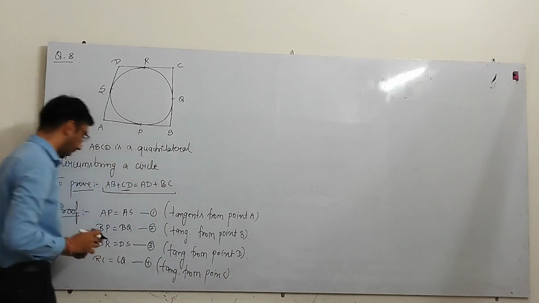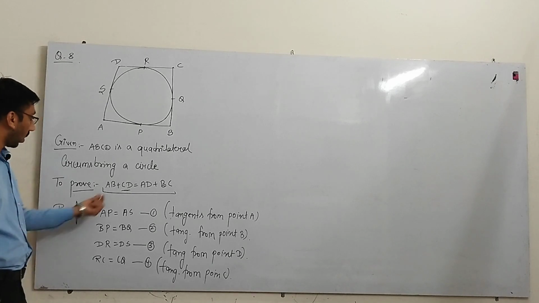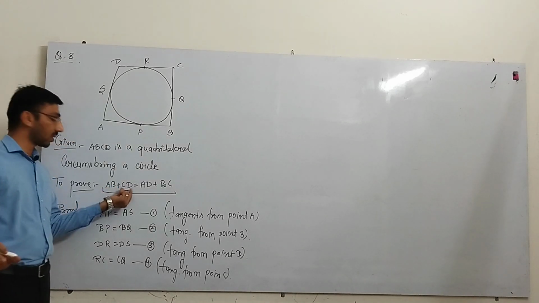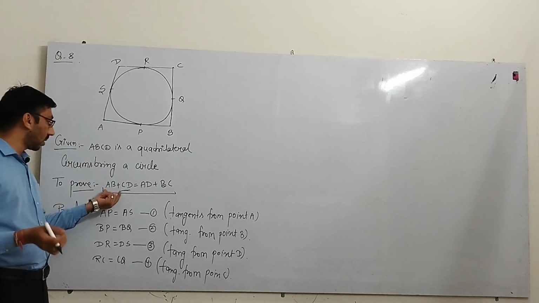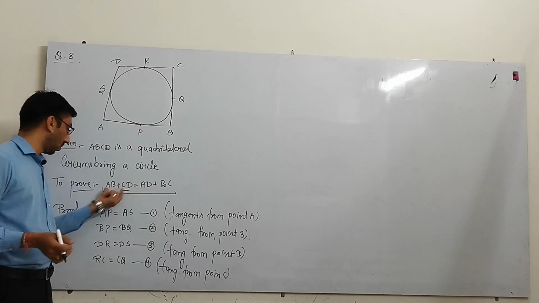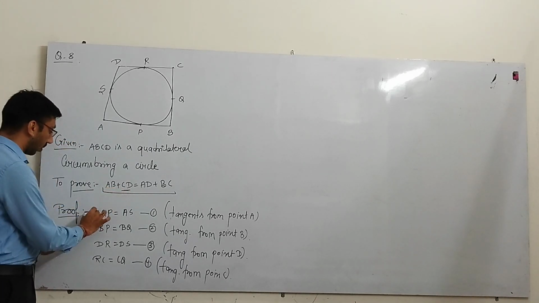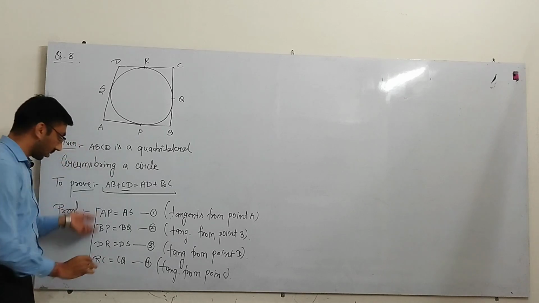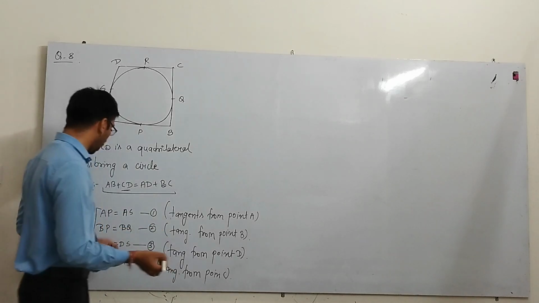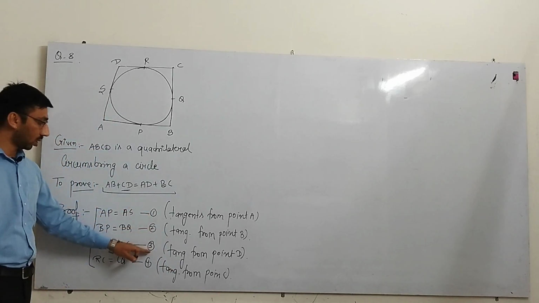Now what we have to do, we have to add the values because I want AB plus CD. So how will I get AB plus CD? I have to add all the parts of these two sides. So we have to add equation number 1, 2, 3 and 4.